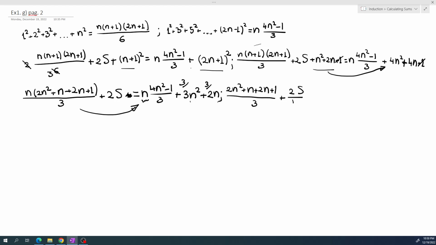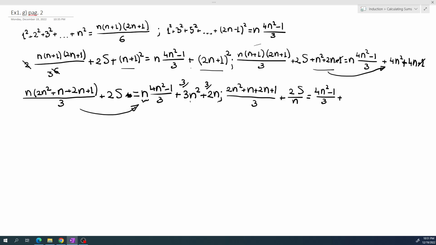2s over n is equal to 4n squared minus 1 over 3 plus, what do we have in here?